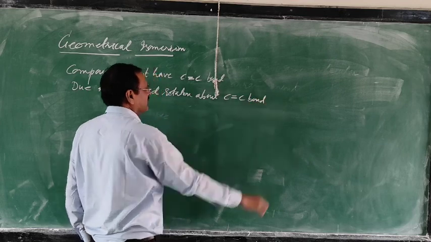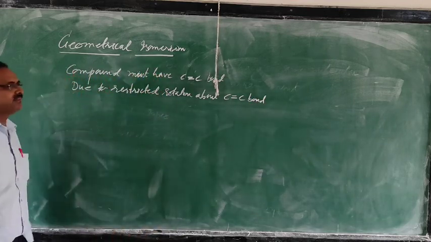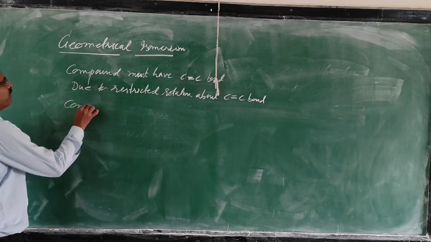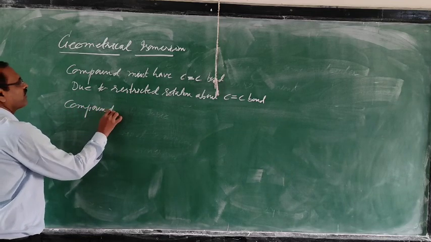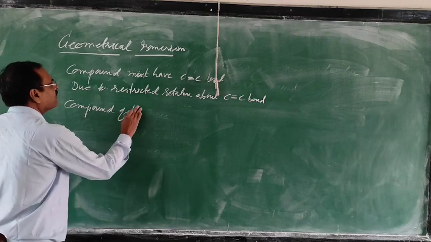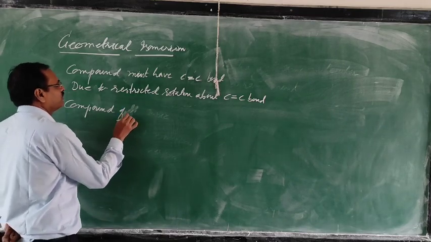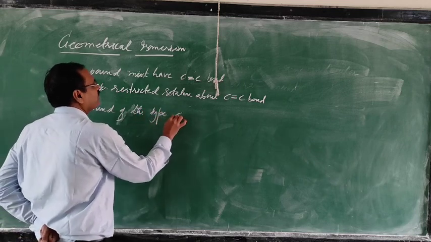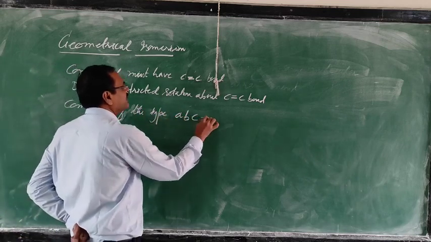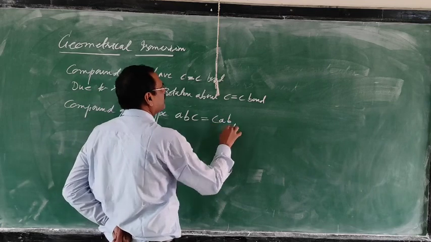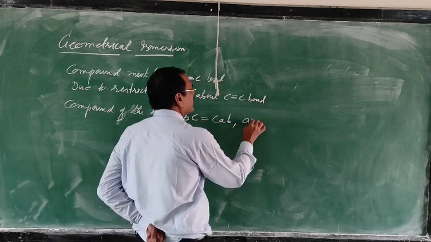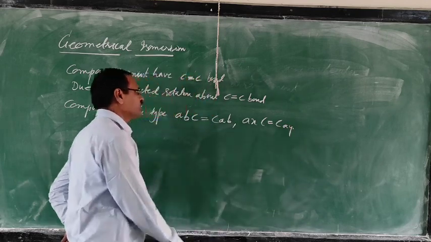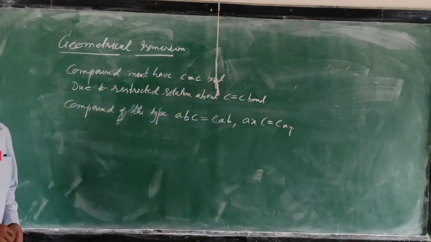It means the rotation between the two carbon atoms is not free, and compounds of the type ABC=CAB or AXC=CAY will show geometrical isomerism.